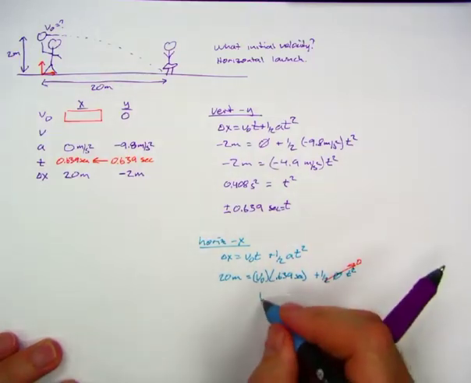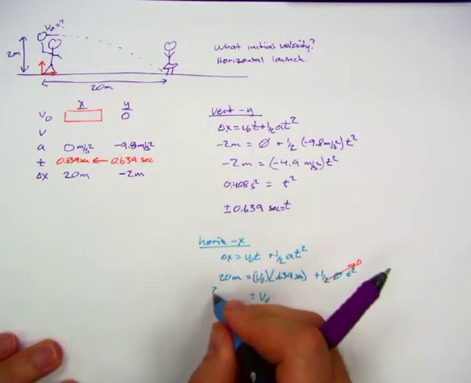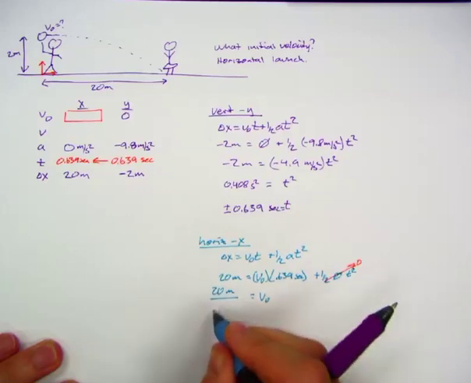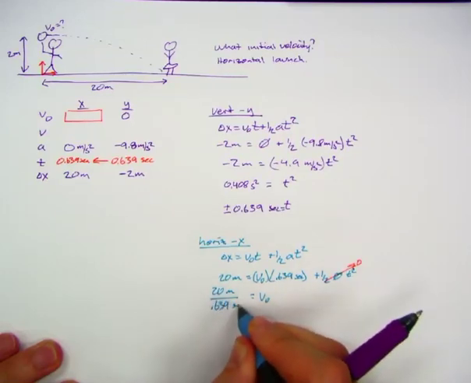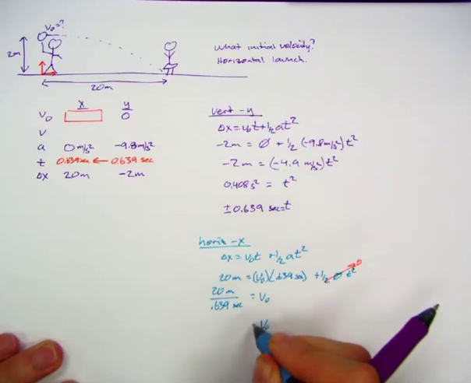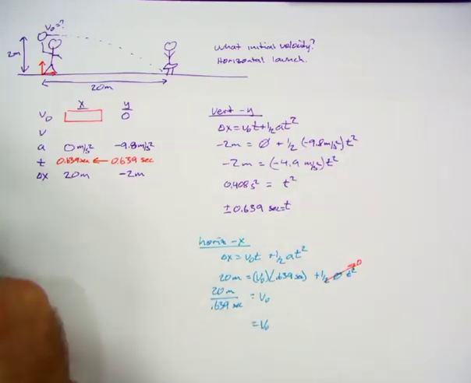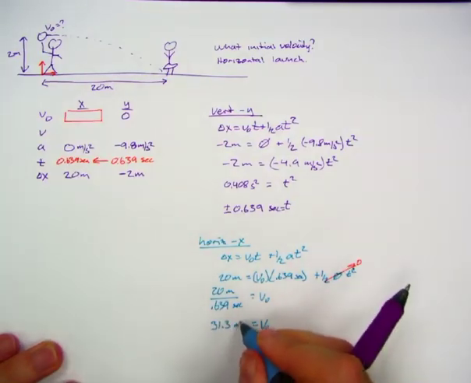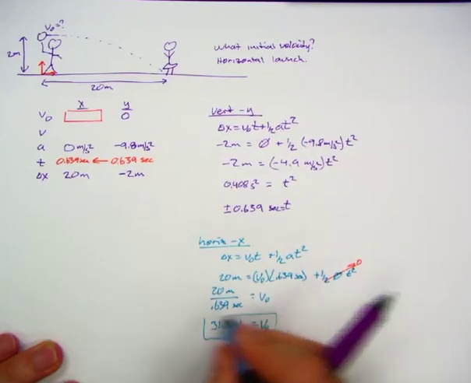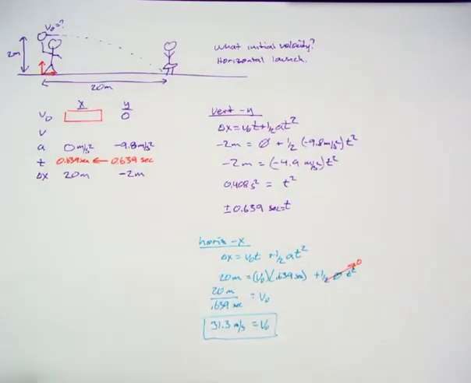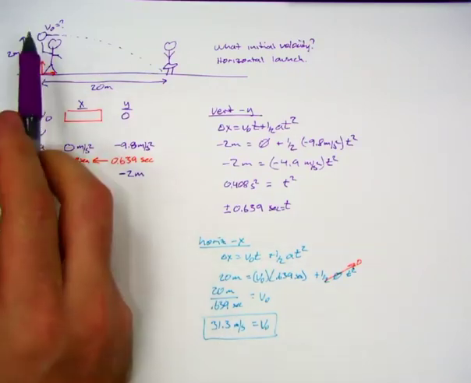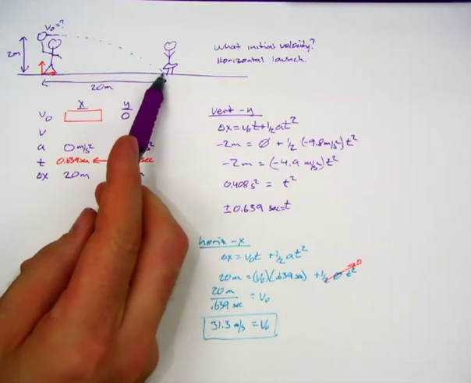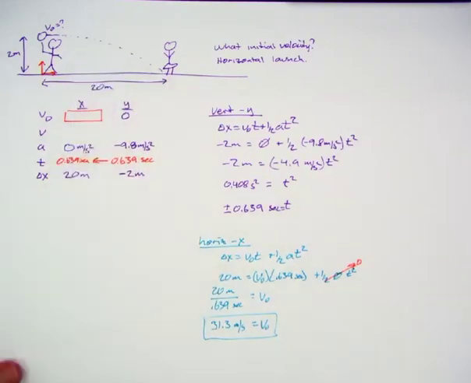So I end up with v0 is equal to 20 meters divided by 0.639 seconds, or v0 is equal to 31.3 meters per second. So if Bob gives his water balloon a perfectly horizontal velocity of 31.3 meters per second, that water balloon will hit Alice on the foot if she is standing 20 meters away.